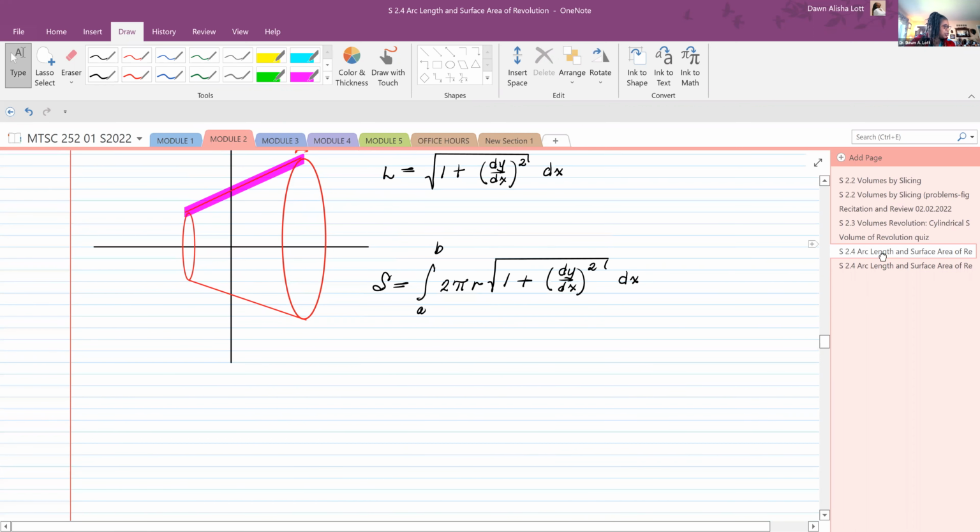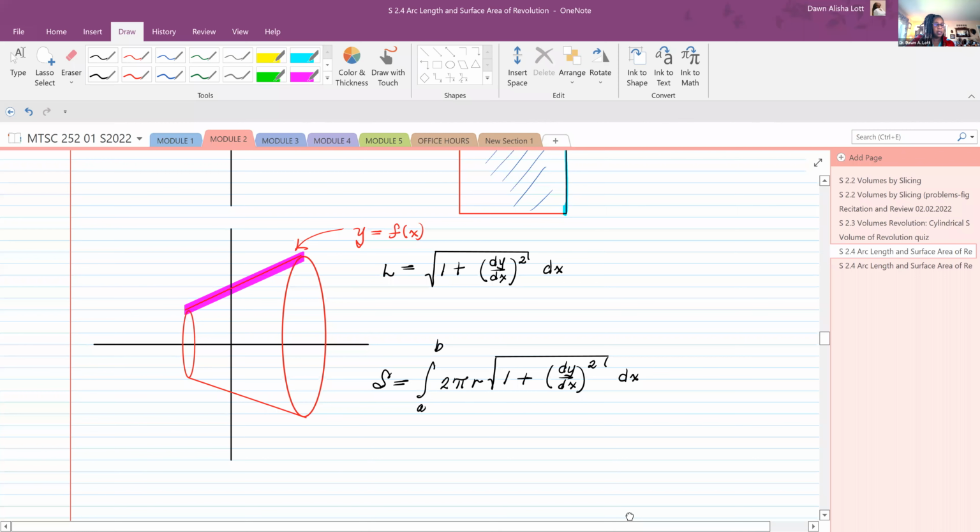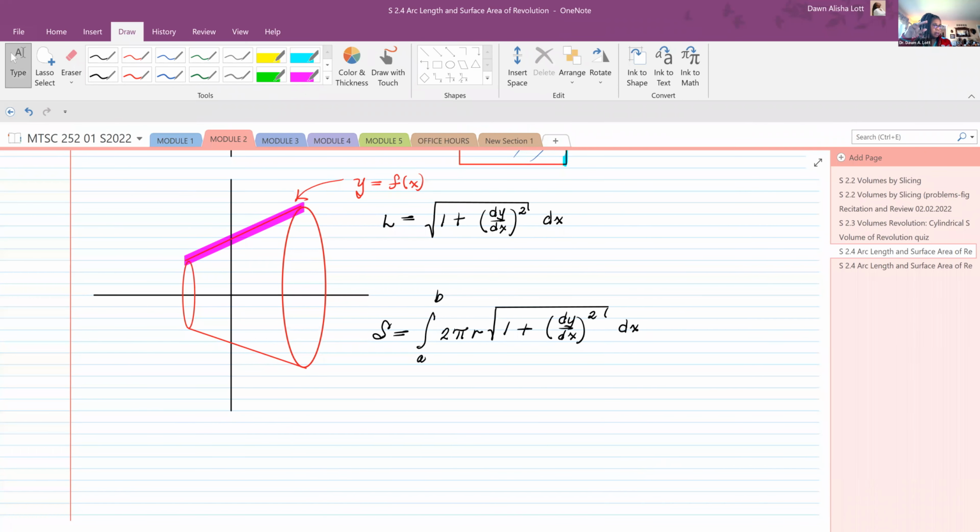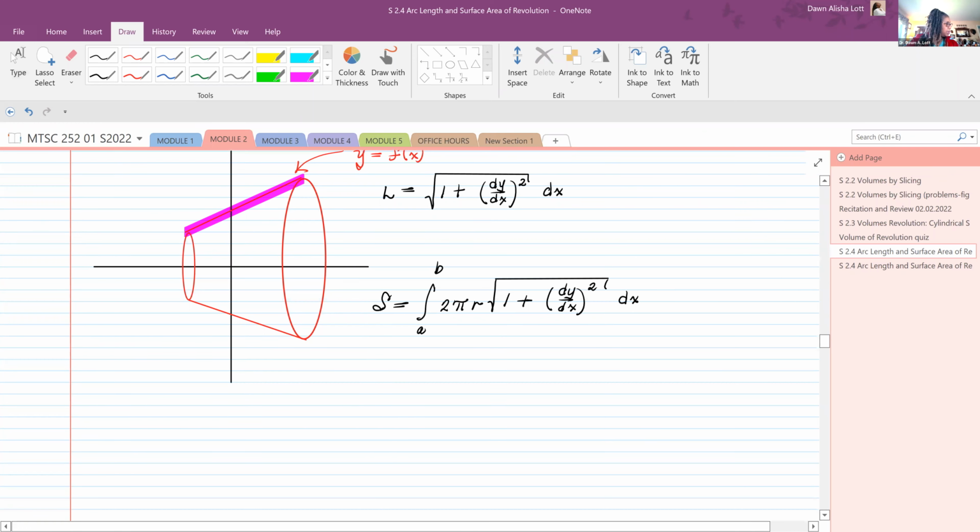So now we can talk about the surface area of revolution. That's the surface area of revolution about a horizontal line, or about the x-axis. All right. So we get these two now.